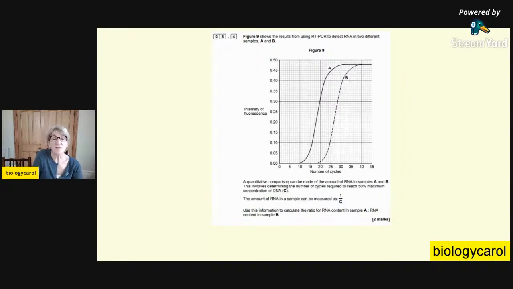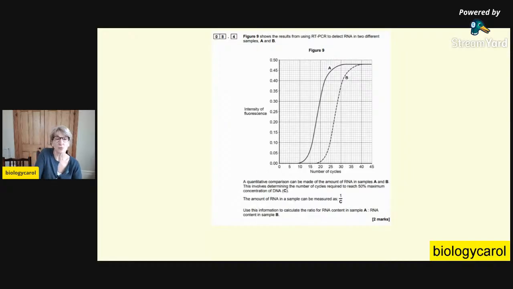A quantitative comparison can be made of the amount of RNA in samples A and B. This involves determining the number of cycles required to reach 50% maximum concentration of DNA, brackets big C. The amount of RNA in a sample can be measured as 1 over big C. Use this information to calculate the ratio for RNA content in sample A to the RNA content in sample B.